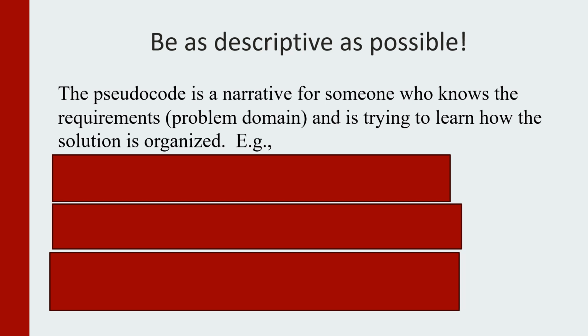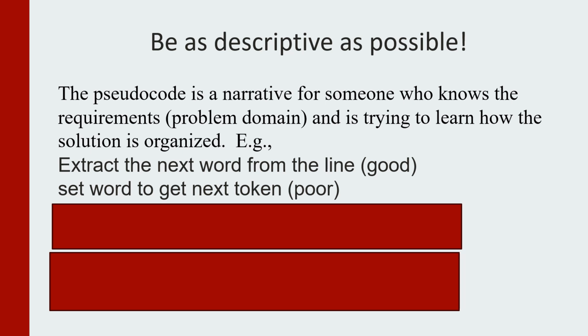So I've given a couple of examples, but you can add details to those examples. For example, you can write in English, extract the next word from the line, which is very descriptive, which is a little bit better than set word to get next token, because token is sort of a Java-specific word, and so it's not as clear what is happening there as compared to the first line written.